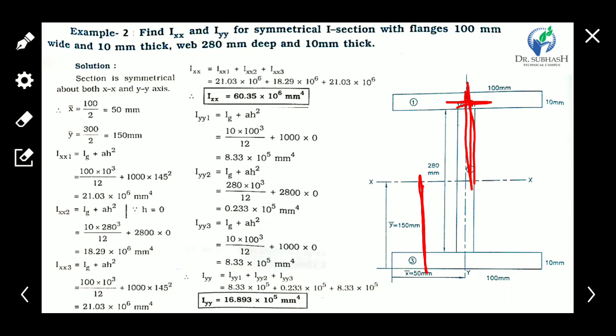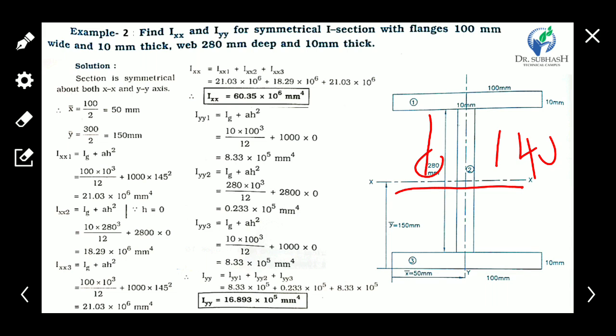The CG is at a distance of 5 from the upper edge, so total distance is 5 plus half of 280, which is 140, plus 5, so h1 is 145. Half of 280 is 140, and half of 10 is 5.